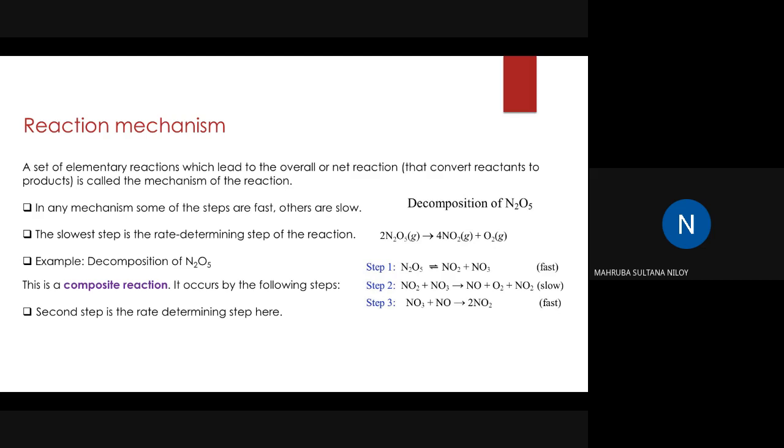Okay, so what is the name of this compound? So nitrous pentoxide. Okay, nitrous pentoxide. Why nitrous? There are two nitrogens. Is there another name of this compound?